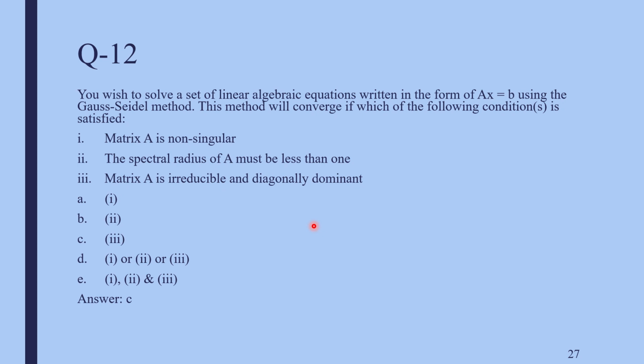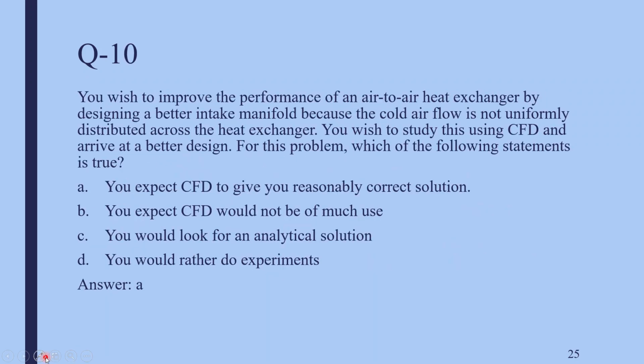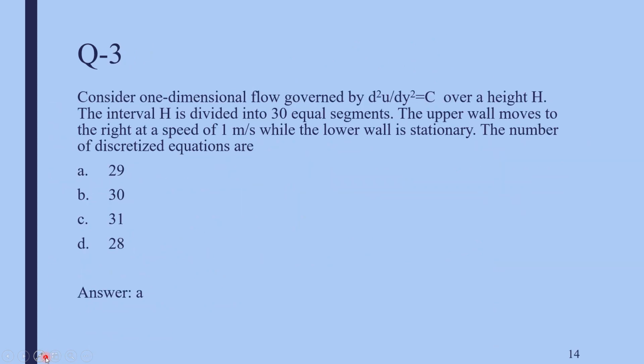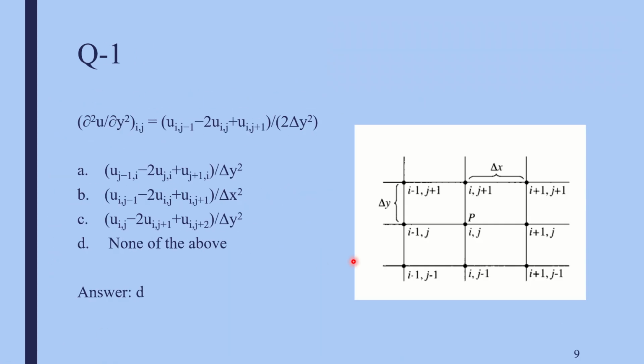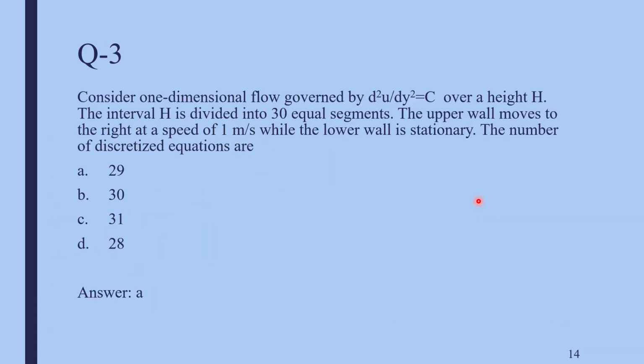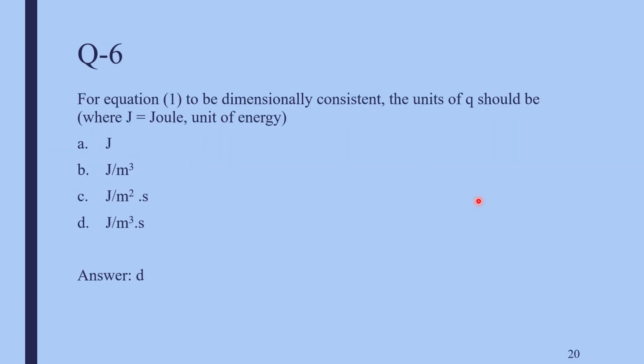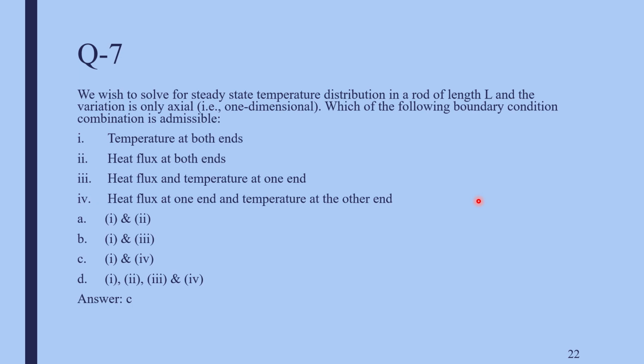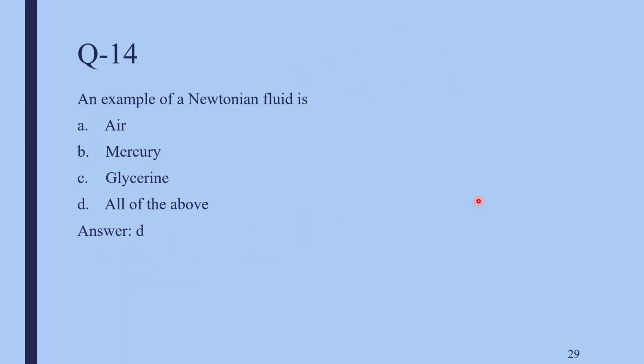So this would give us a matrix. Like in this case we would be having a matrix like u(i-1,j+1), u(i,j+1), u(i+1,j+1). Like that we would be having a matrix of unknowns and we need to find the values at those points, right?